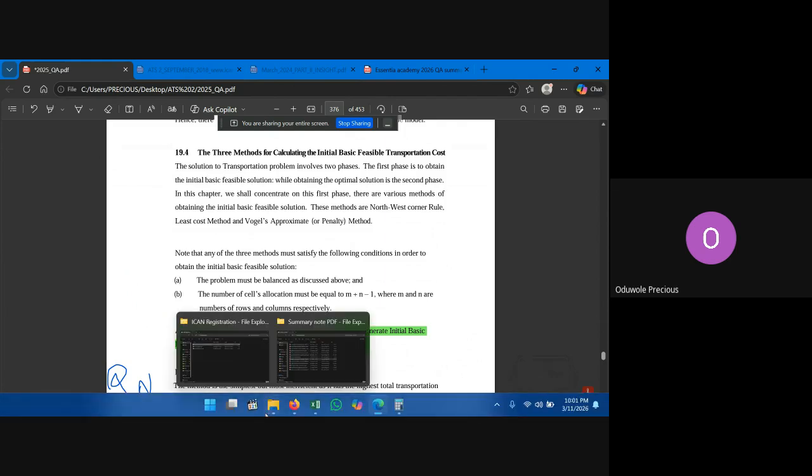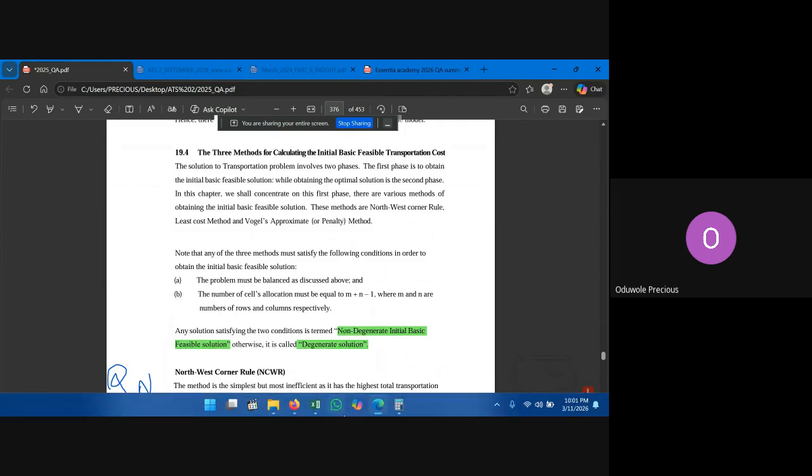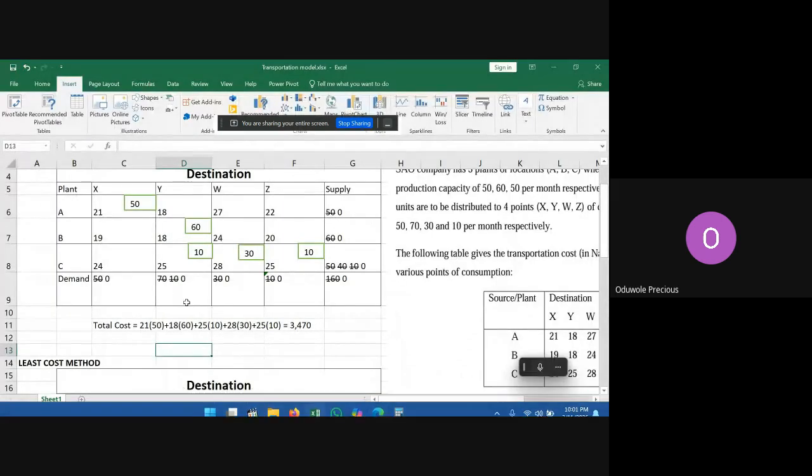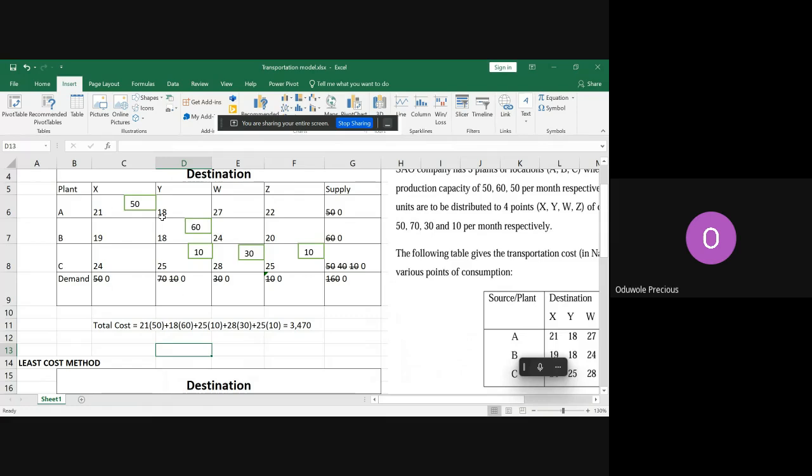Understand? So let's go back to that question. M are rows: 1, 2, 3, 4.